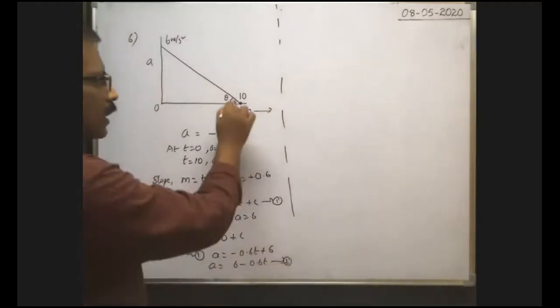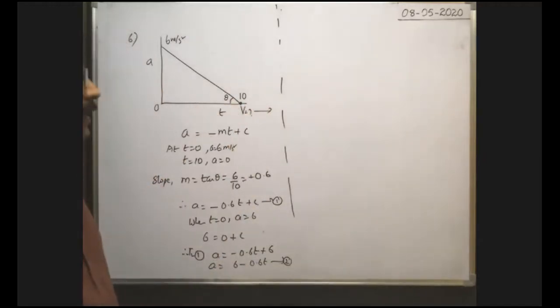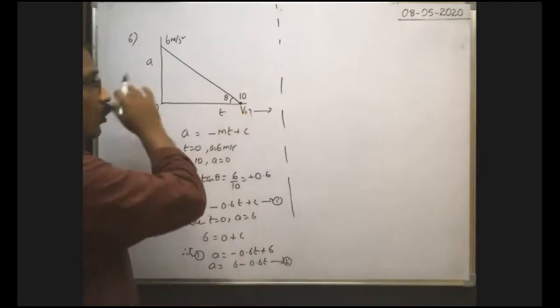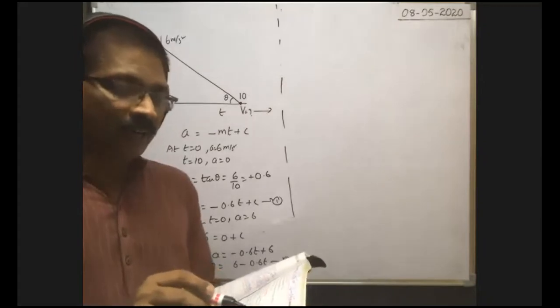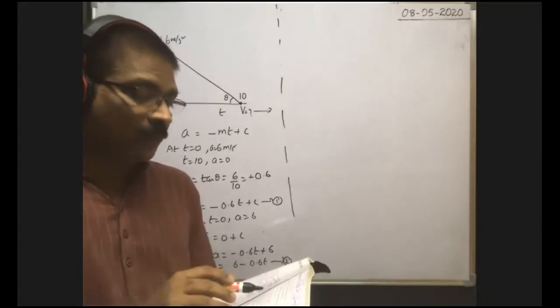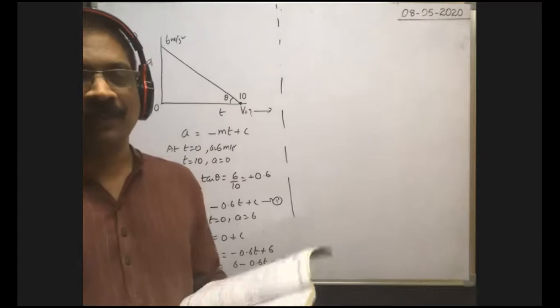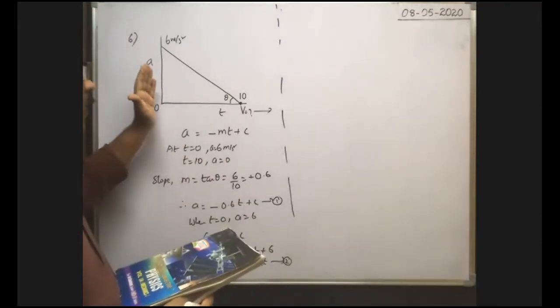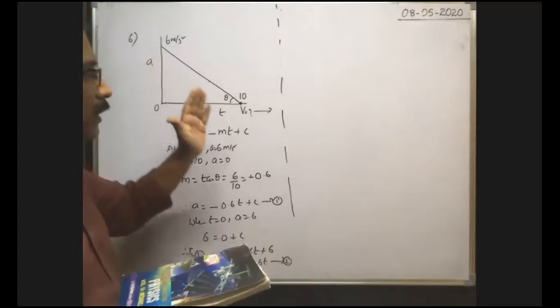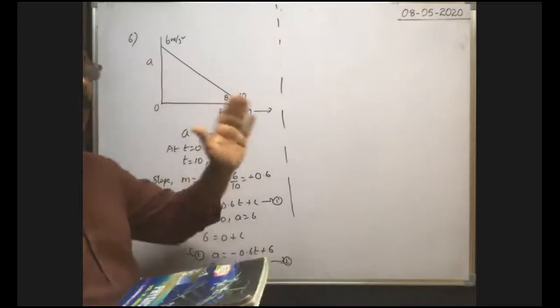So after 10 seconds, what is the velocity we have to find? And at the same time, in 10 seconds, what is the distance traveled we have to find? Because finally in the problem, the time required for the car to travel 400 meters from the start is asked. From the start means from t is equal to 0. What is the time taken by the body to travel 400 meter distance?